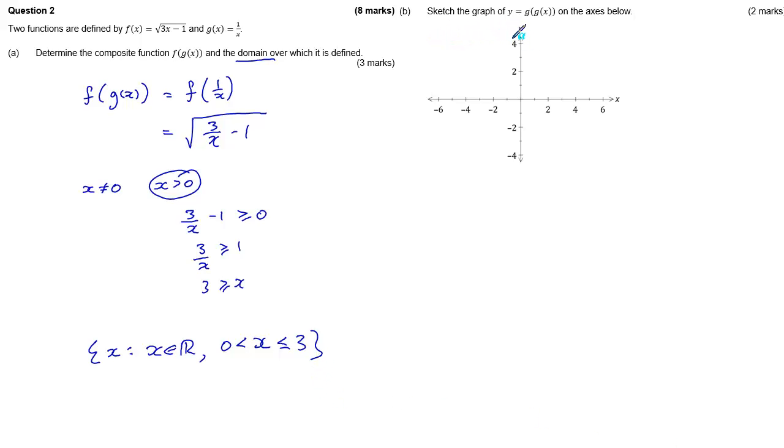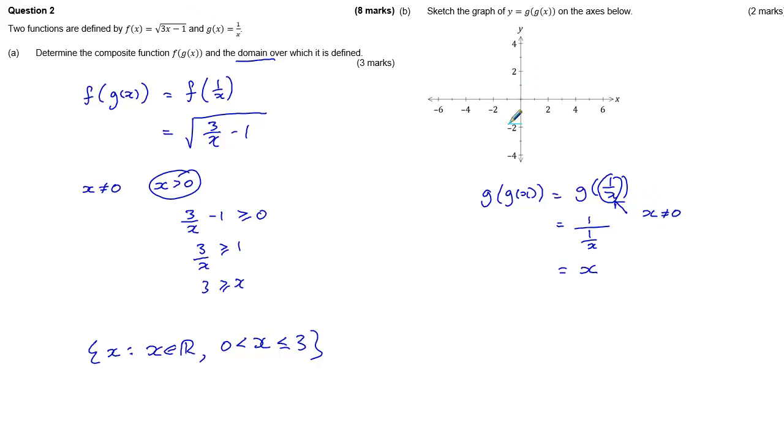Sketch the graph of y equals g of x on the axes below. So g of x will be g of 1 over x, which is 1 over 1 over x, and you should be able to get the fact that that's obviously going to be x. So what we have is a straight line, but bear in mind that we have the 1 over x in here, so x cannot be 0.